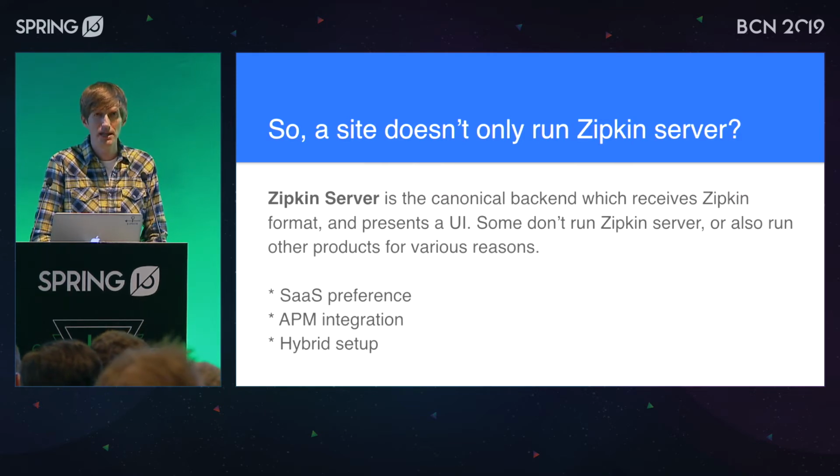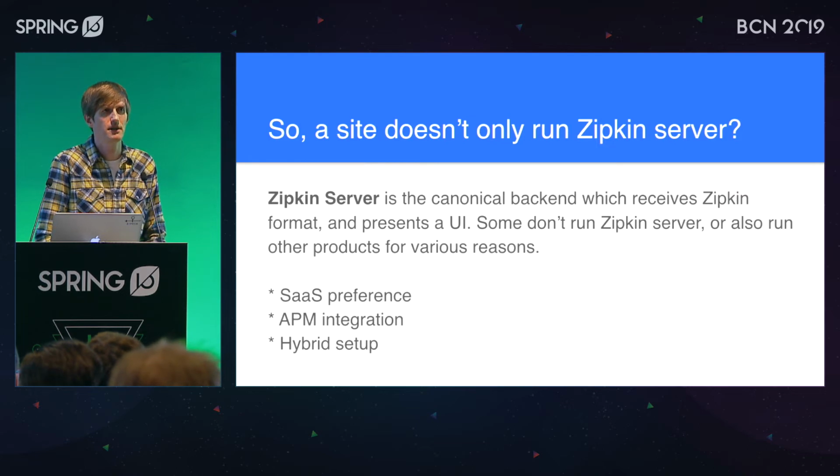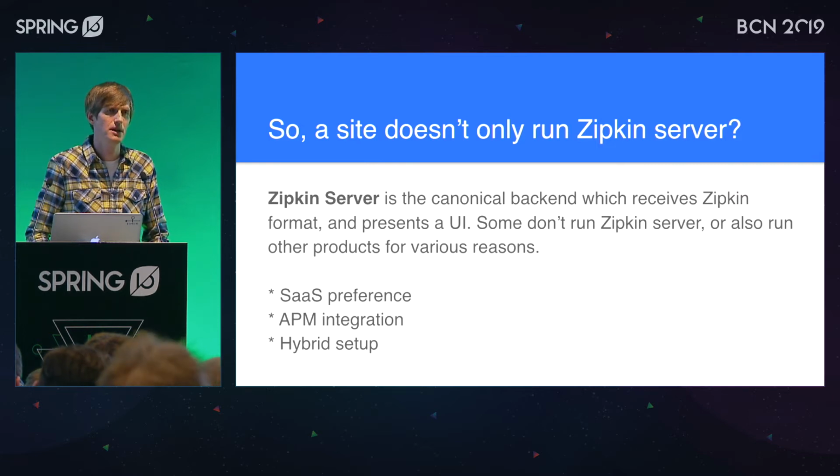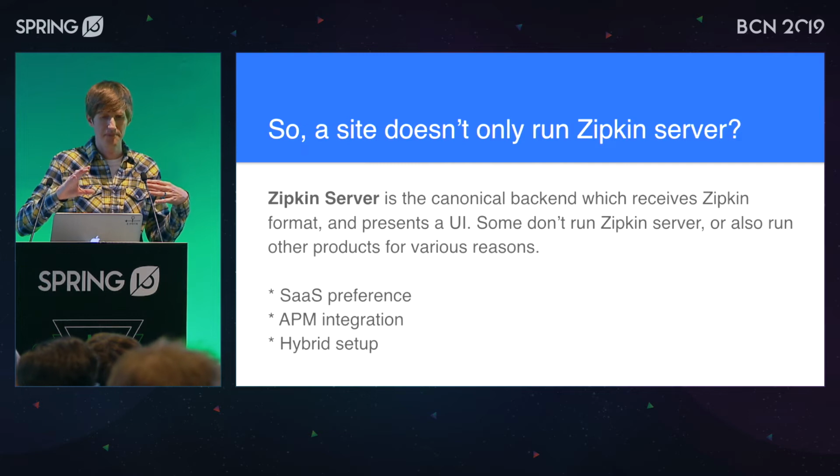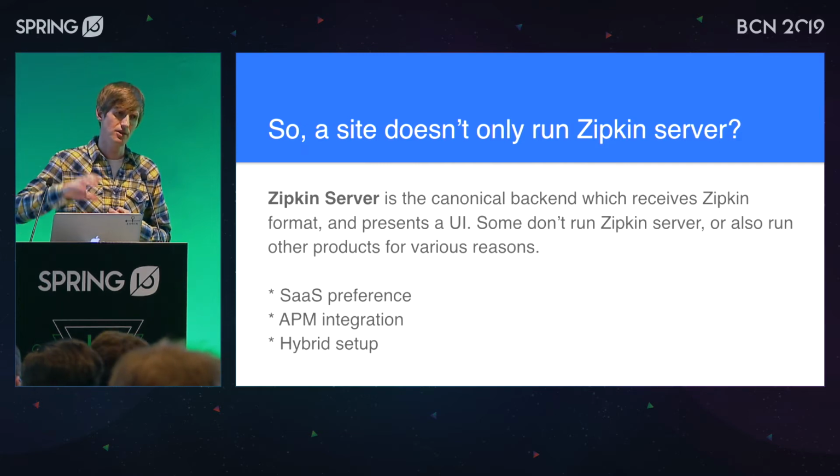It can be related to APM integration. A lot of APM products will accept the Zipkin format, whether they admit it or not. Usually you can find this out by talking to other customers. And then you have hybrids where people are storing data for long-term analysis.